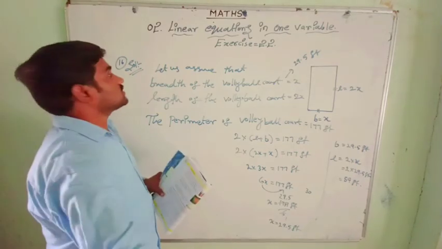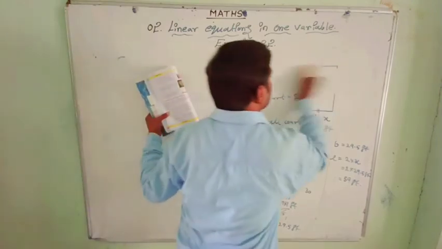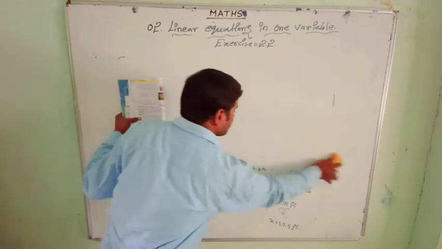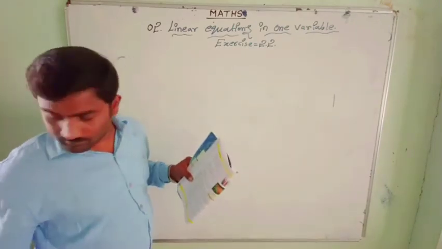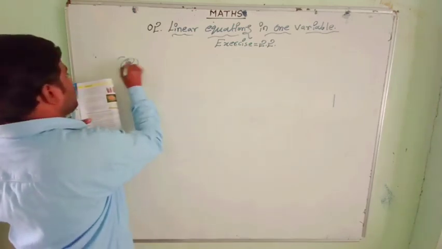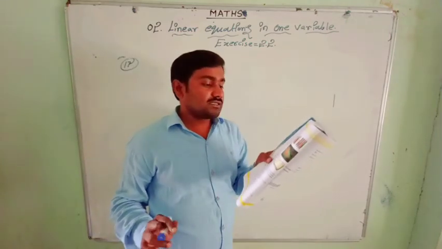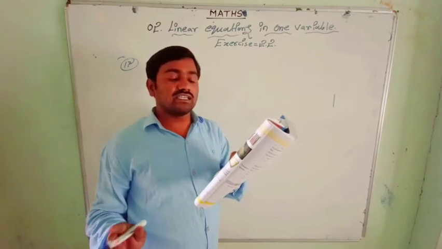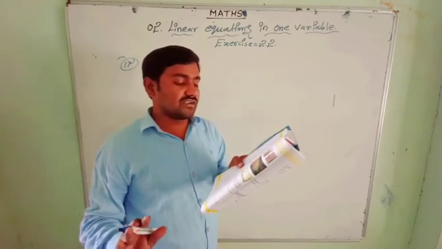And here is the last question of this exercise. The sum of the page numbers on the facing pages of a book is 373.